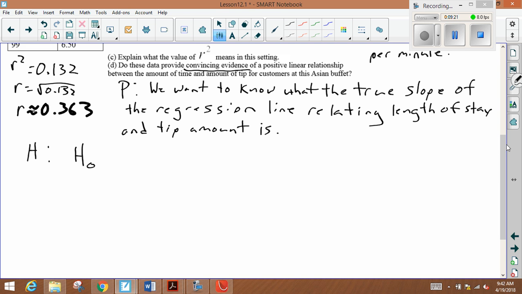So if they don't tip more the longer they stay, then the slope should be 0 or less than 0. So we're going to say our slope, and the parameter that we're using for that is beta.